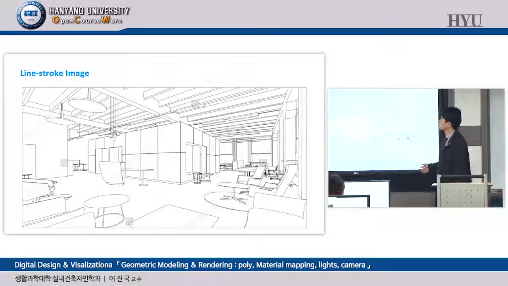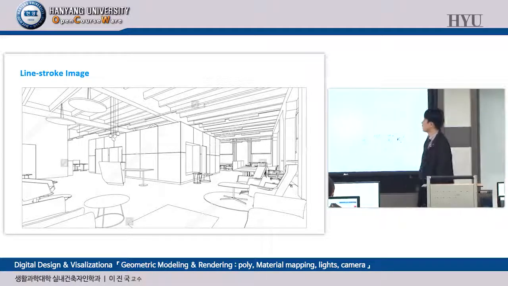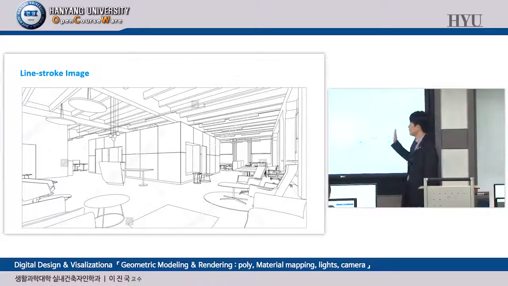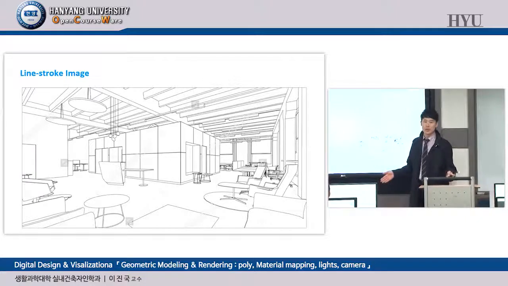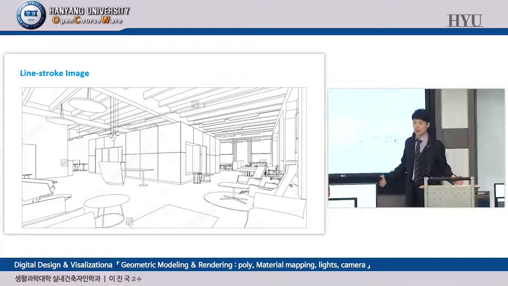How about this one? This interior view design is not that unique, just looking typical. But my point here is, take a look, entire vertical lines are orthogonal, 90 degrees, and it's very spacious, which means broad angle, okay? The field of view for this camera is very wide angle, ultra wide angle.